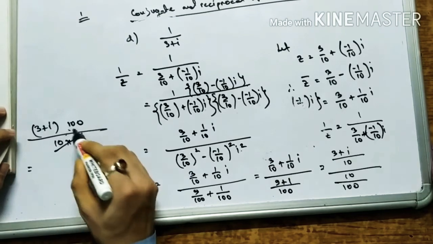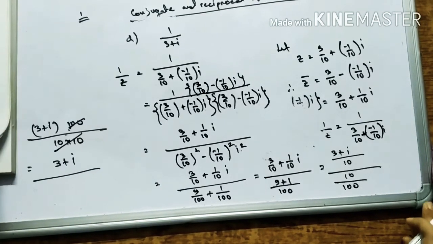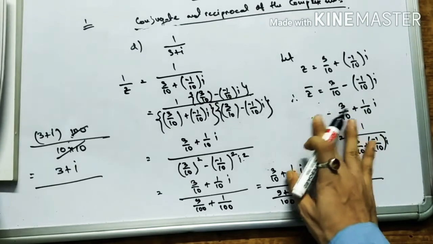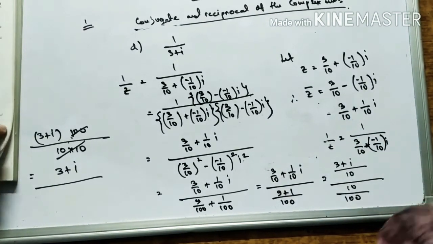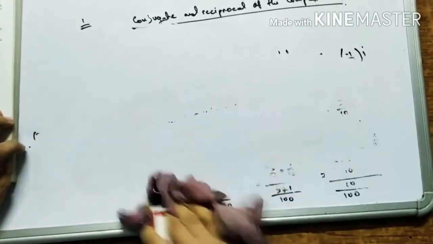So these cancel, and ultimately I will get 3 plus i. Okay, so you can do it in this way.